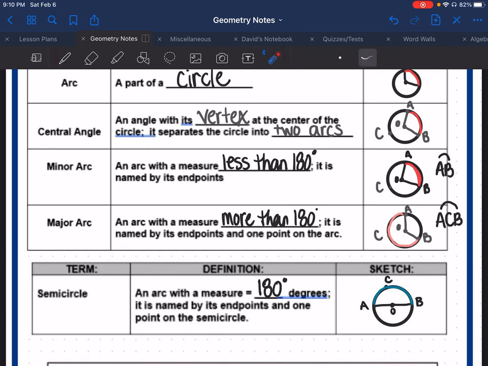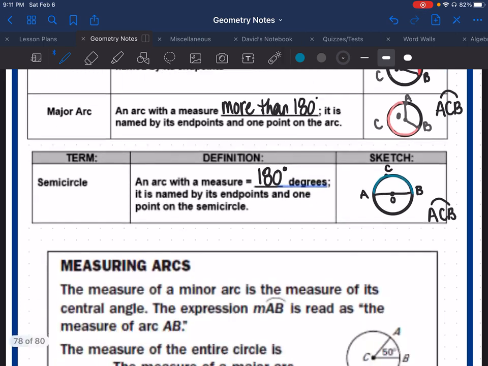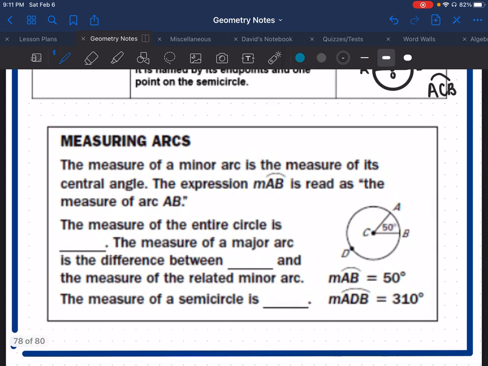Or of course, the bottom could be my semicircle, but I chose the top because of point C. If I were to name this, I would again call it A, C, B, just like I did for the major arc. But because it is a diameter, this one would be called a semicircle.